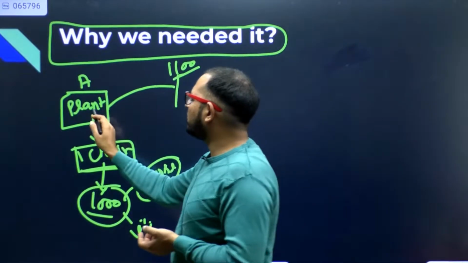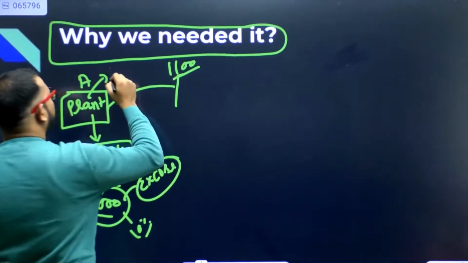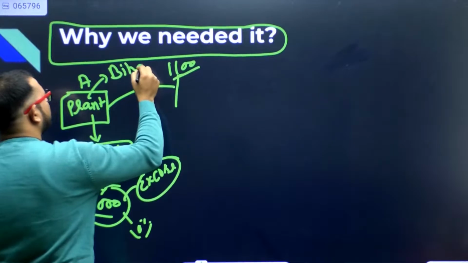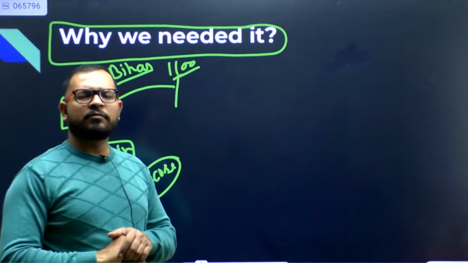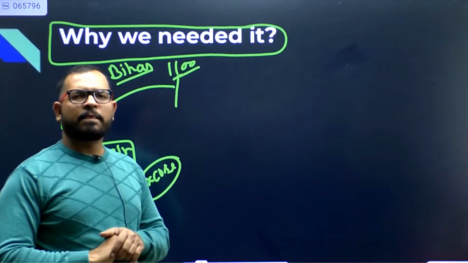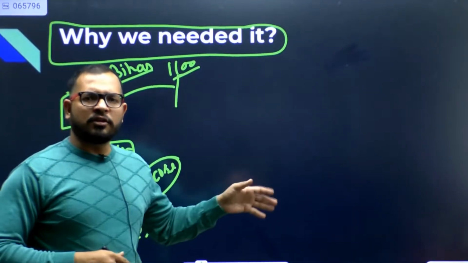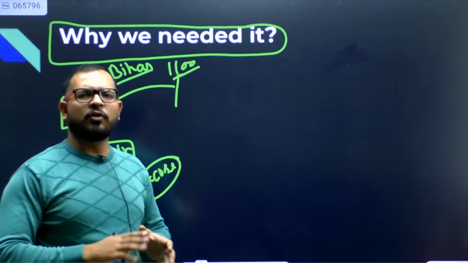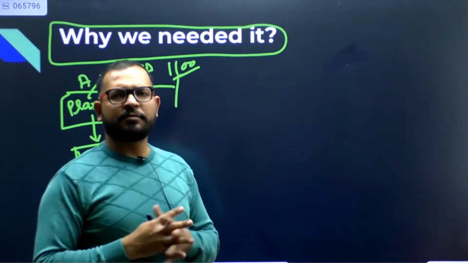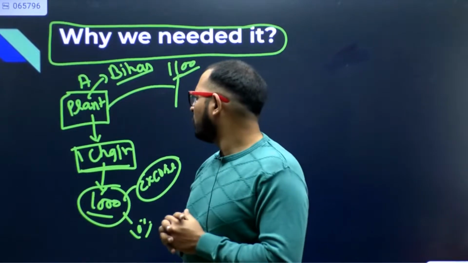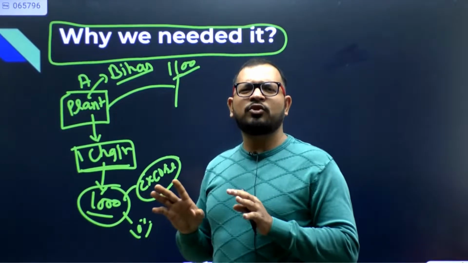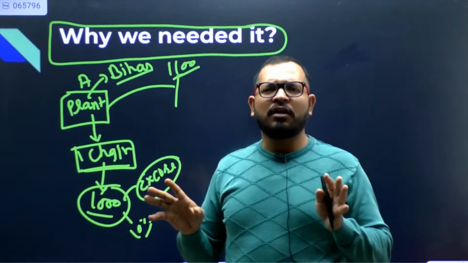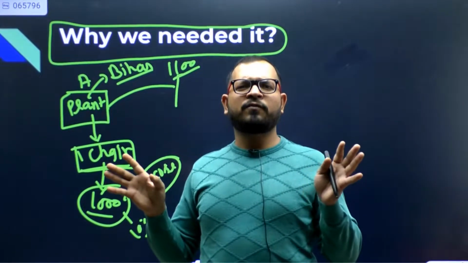So let's say the plant is located in Bihar. This chair has come here to Noida. I am a trader. So what I found is, okay, this chair is fine, but it does not have enough cushion for comfortable sitting.